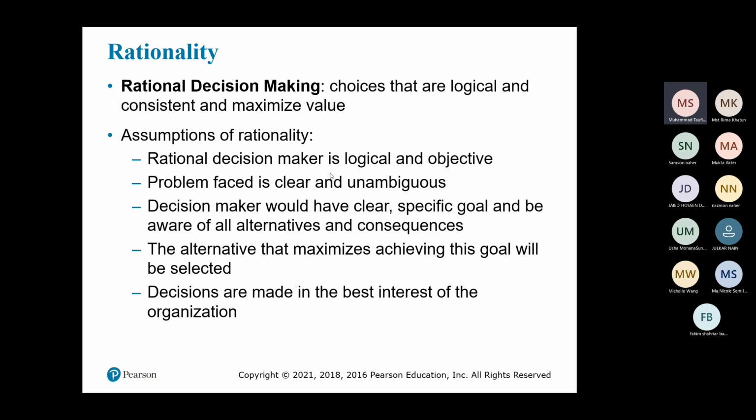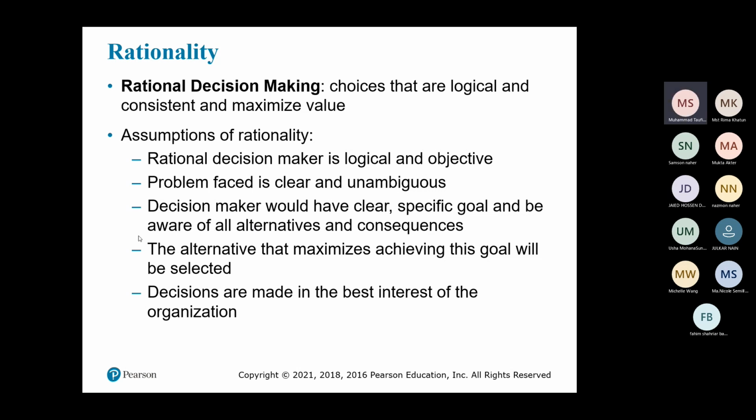The third is that the decision maker has a clear, specific goal and is aware of all alternatives and consequences. So you must have a clear goal, know all the choices that you can have, and be aware of the consequences, the effects of those choices.